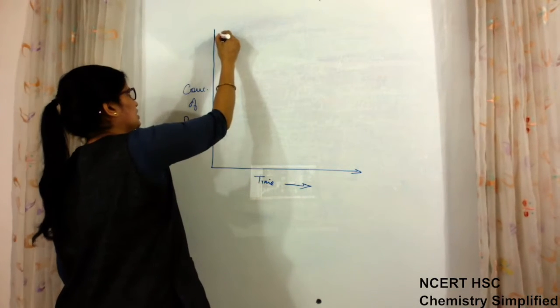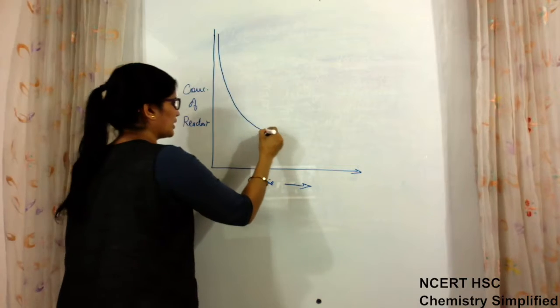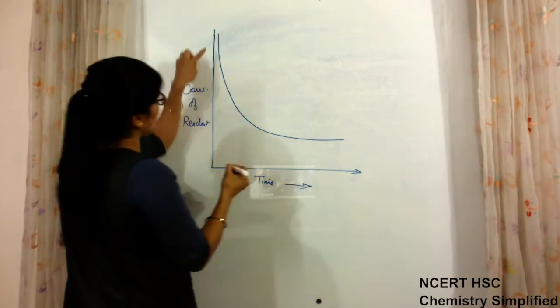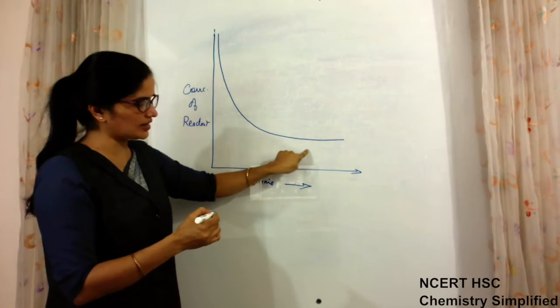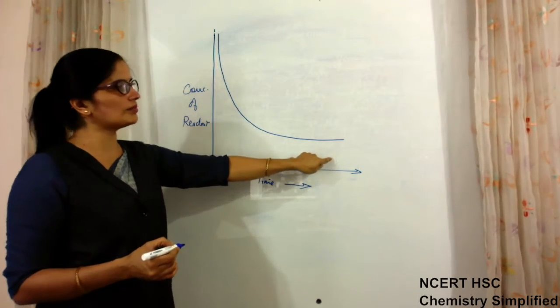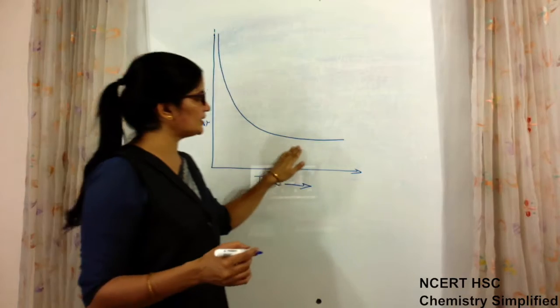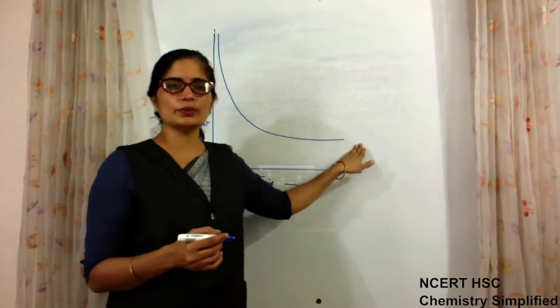So the shape of the graph will be somewhat like this: initially the concentration was high, but with time, as the reaction proceeds, the concentration becomes less and less, and then it attains a constant value.